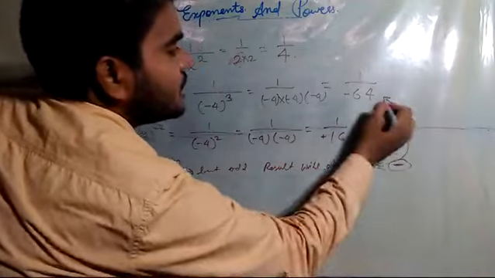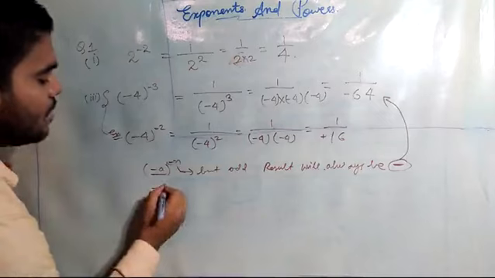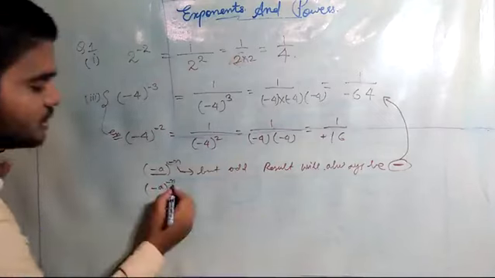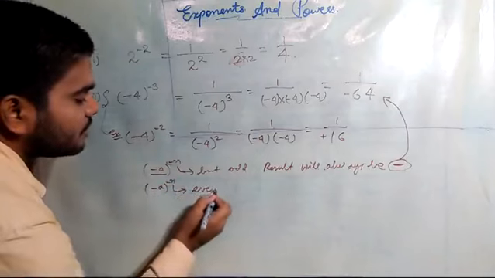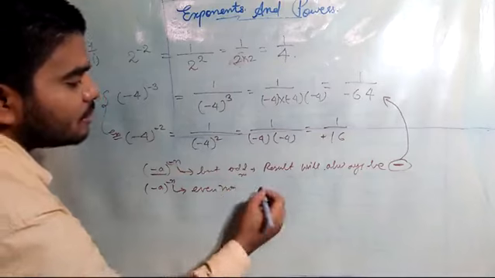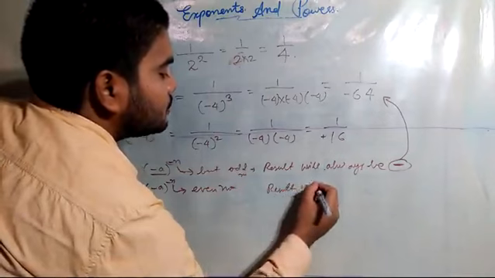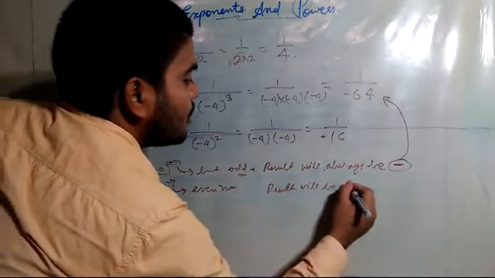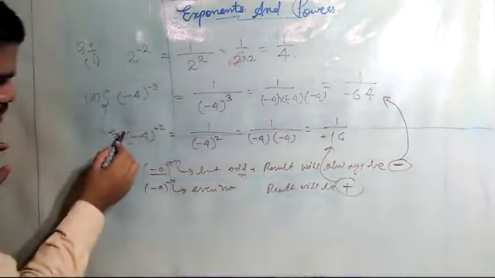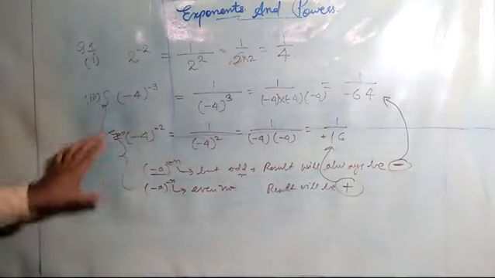Like you can see here, it is minus 1 by 64. If you have the base negative, the power negative, but this power is an even number, then your result will be positive, like in this case. So this is what I just wanted to give you an explanation for.